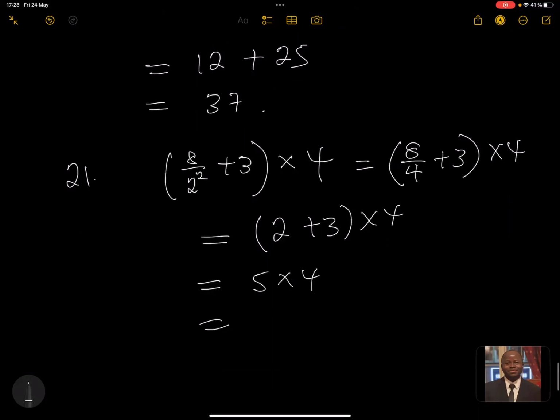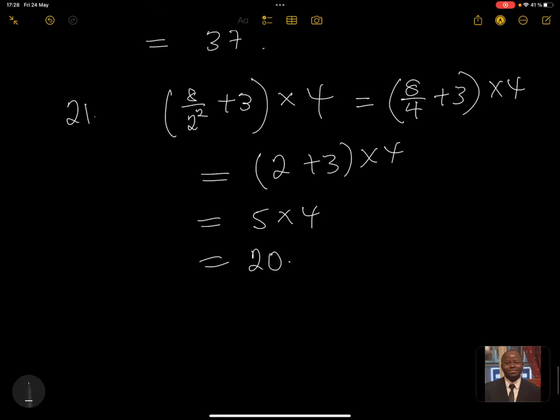The bracket has disappeared because it has become a single number. So what is 5 times 4? 20. Is it okay, everybody? So the answer there is 20. Perfect. So you can see how we apply these operations and follow the order, and we are getting the answers so easily.